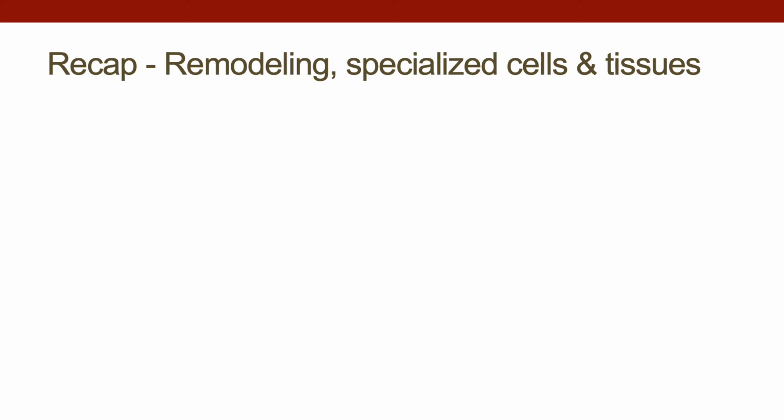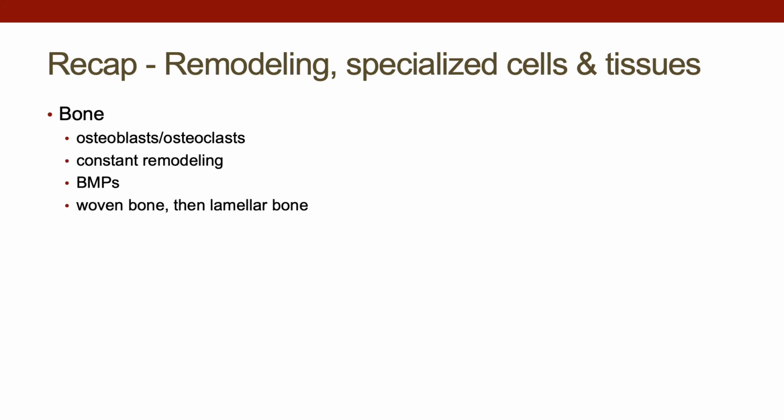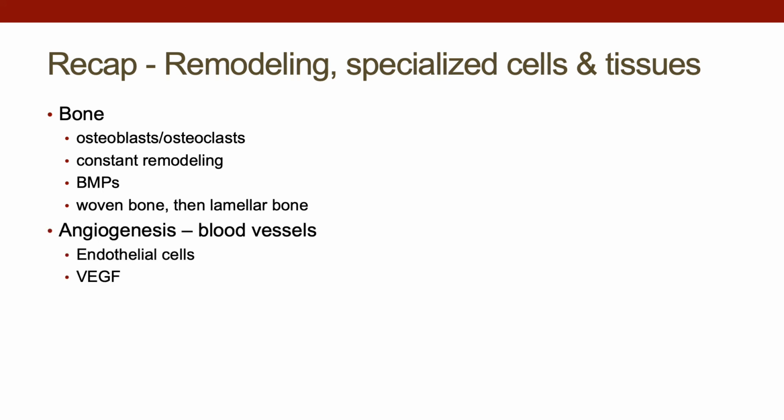Now about remodeling and specialized cells in bone. There are osteoblasts and osteoclasts. It's constantly remodeling. Bone morphogenetic proteins stimulate the differentiation into osteoblasts. It forms woven bone and lamellar bone, both during development and during healing of fractures and defects in bone.